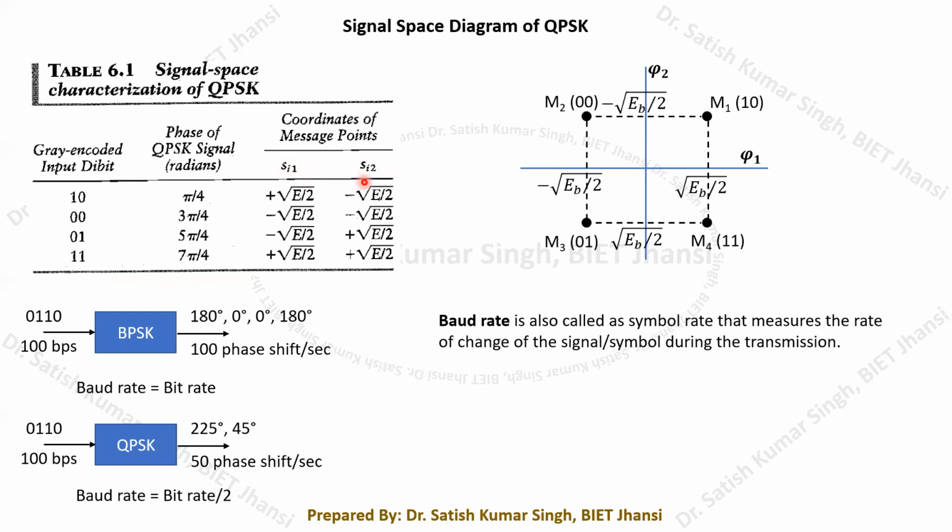If you see this particular expression, here it is a Gray encoded input dibit. When this Gray encoded input dibit is 10, then the corresponding phase of the QPSK signal is pi by 4. When it is 00, it should be 3 pi by 4.